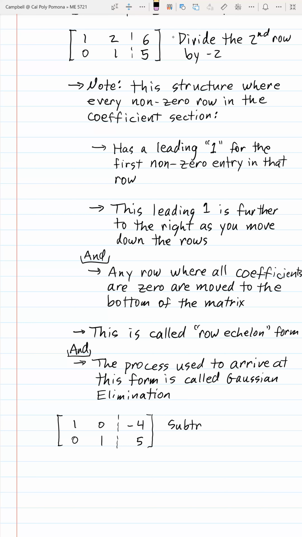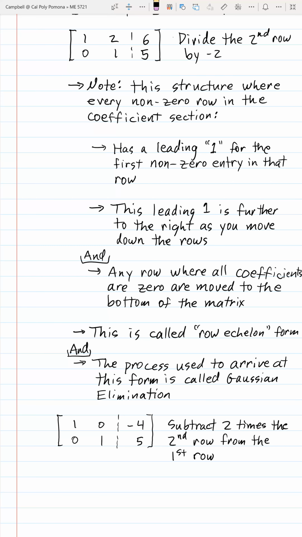So let's subtract 2 times the second row from the first row to get this particular form.